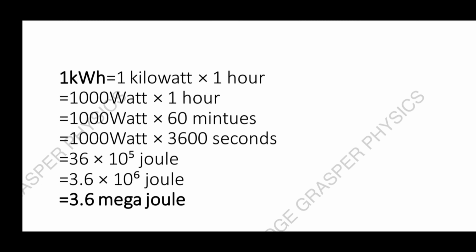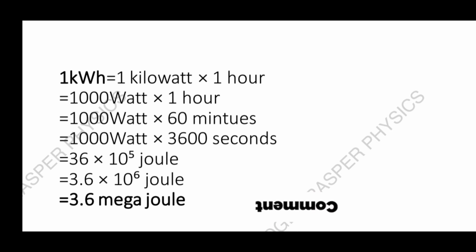Now we will see another derivation. We all know that 1 kilowatt hour is 1000 watts into 1 hour. 1 hour is 60 minutes or 3600 seconds. So 1 kilowatt hour will be 1000 watts into 3600 seconds.